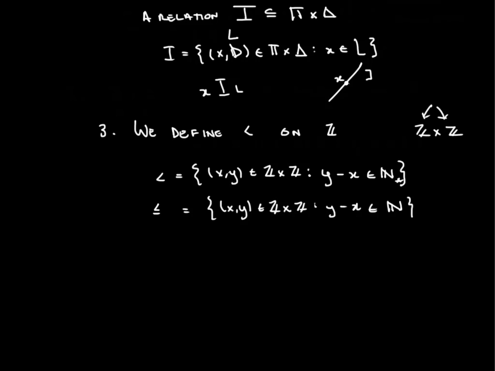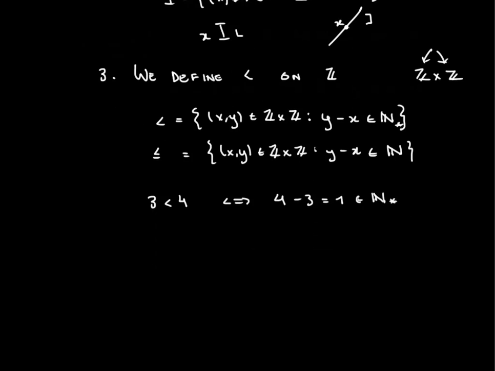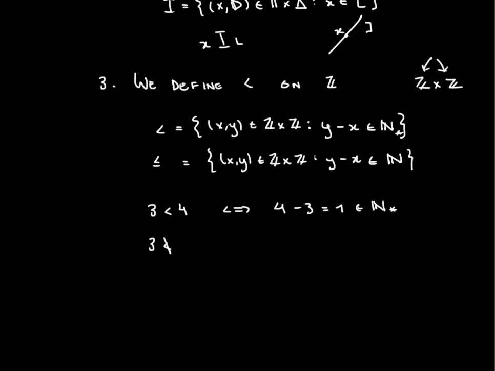Okay, and you'll see that this works. 3 is smaller than 4, and that is because 4 minus 3 is equal to 1, and that is in the set of natural numbers omitting 0. And 3 is not smaller than 3, and that is because, well, 3 minus 3 is equal to 0, and that is not in the set of natural numbers omitting 0.